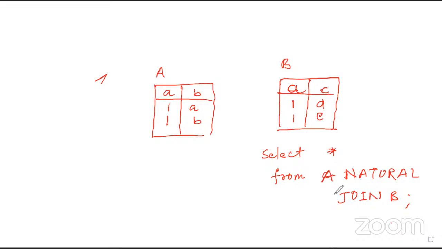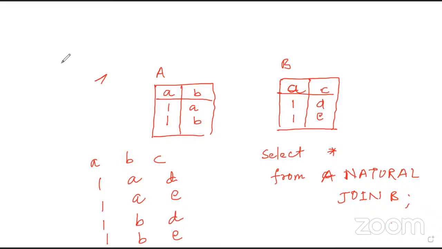We get 4 tuples. First tell me what the columns A, B, and C are, and what is the output: 1 A D, 1 A E, 1 B D, 1 B E.